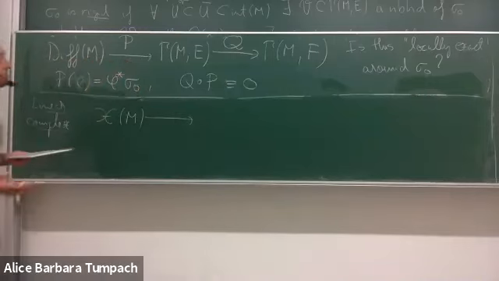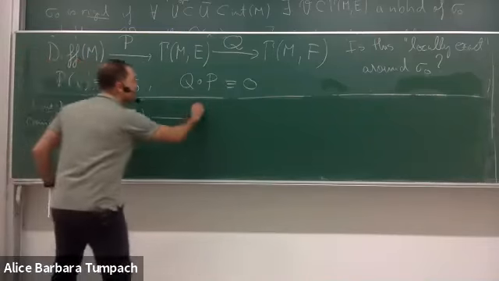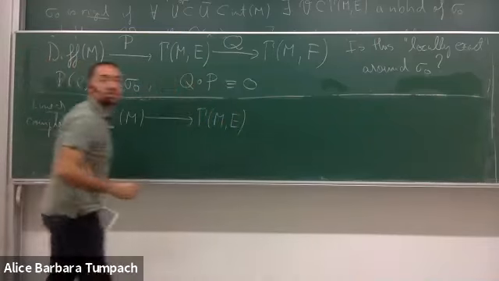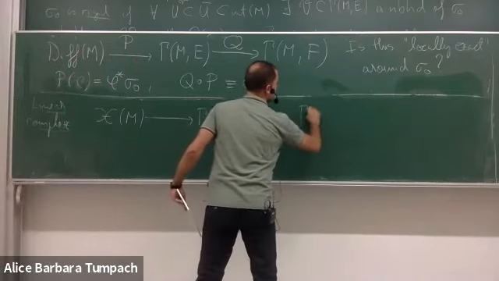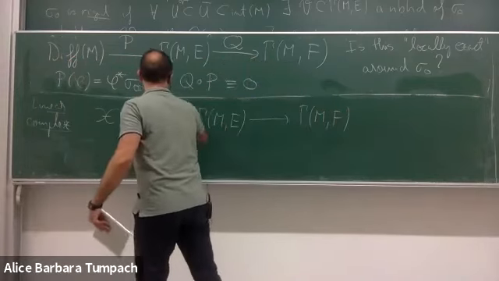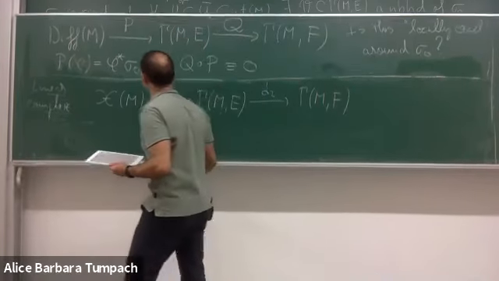This is actually the only reason why I'm working with vector bundles, to not replace this by anything and write again sections. And then here we have sections of, and this D1 and D2 are simply the differentials of those two maps.